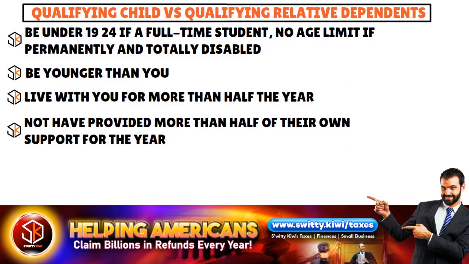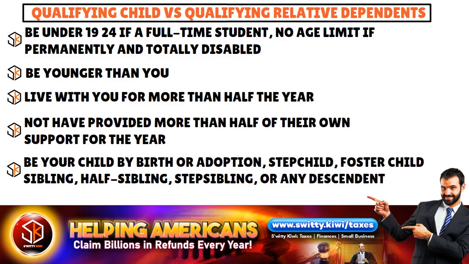A qualifying child must not have provided more than half of their own support for the year. And a qualifying child must be your child by birth or adoption, stepchild, foster child, sibling, half sibling, step sibling, or any descendant, for example, grandchild, niece, or nephew, but not cousin.